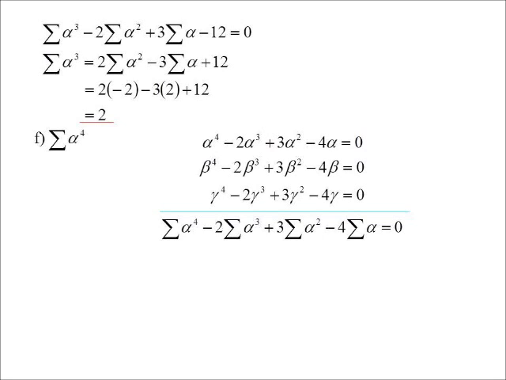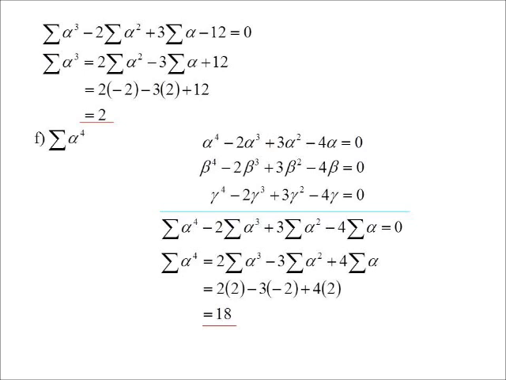But the one drawback, of course, is in order to work out alpha to the power of 4, I'm going to need to know alpha cubed and I'm going to need to know alpha squared. But of course, we have worked those out already, so we can just substitute in and we get 18. Okay. So powers above 2, basically we try and mimic the actual equation.